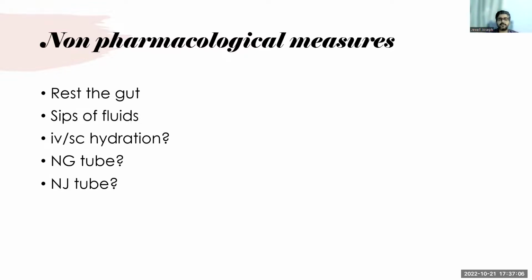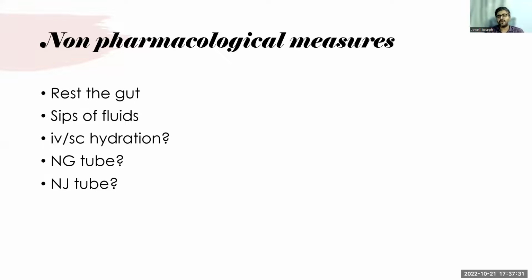We can try sips of fluid. IV hydration may not be required in advanced cases especially. And NG tube. The holy trinity of bowel obstruction, as when I was studying my PG and UG, was whenever there is a bowel obstruction, keep the patient NPO, IV hydration, and NG tube. So in palliative care, we have a different approach.